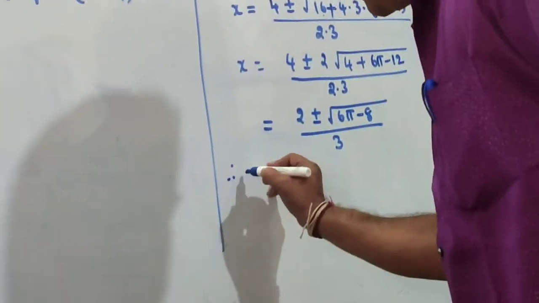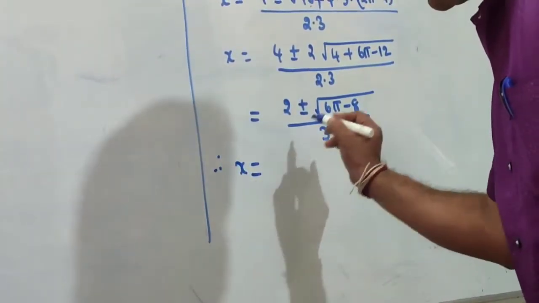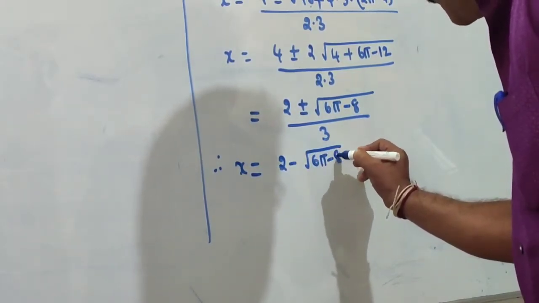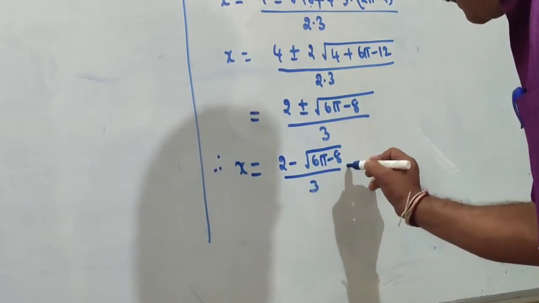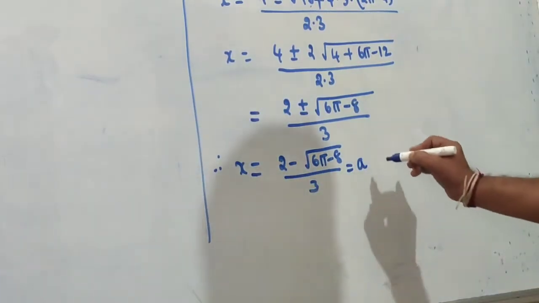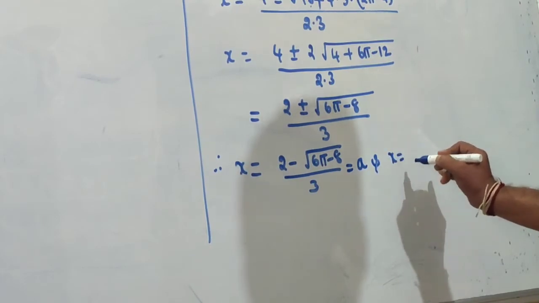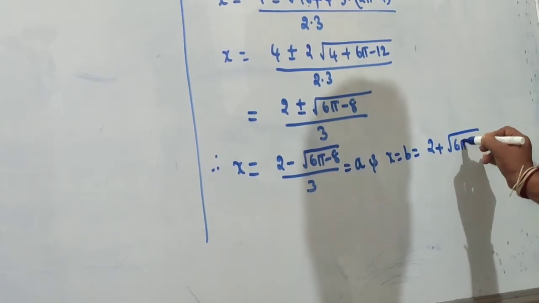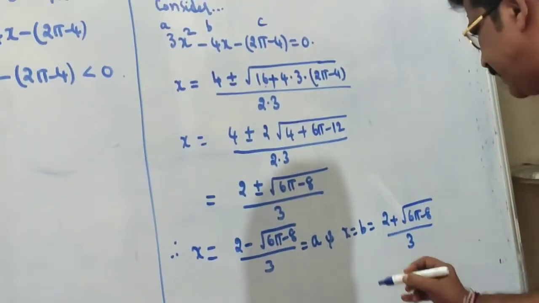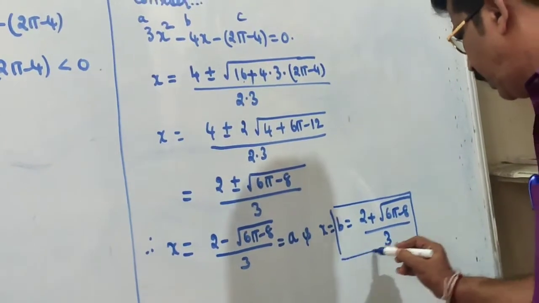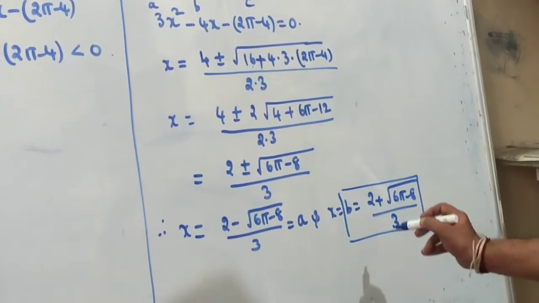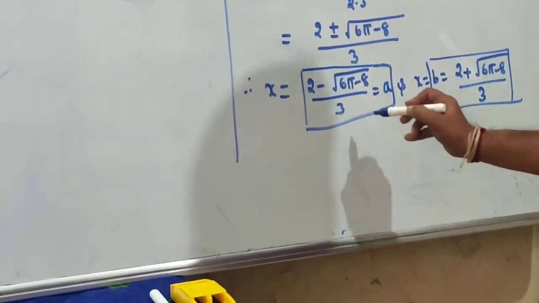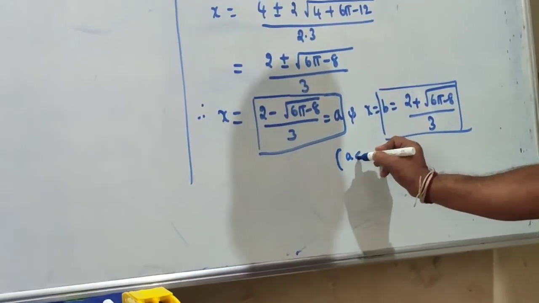So one root is x equals 2 minus root of 6 pi minus 8 divided by 3, let it be small a, and another root 2 plus root of 6 pi minus 8 divided by 3, let it be small b. So b is the positive root, greater than 0, and a is 2 minus something. Anyhow, a is less than b.